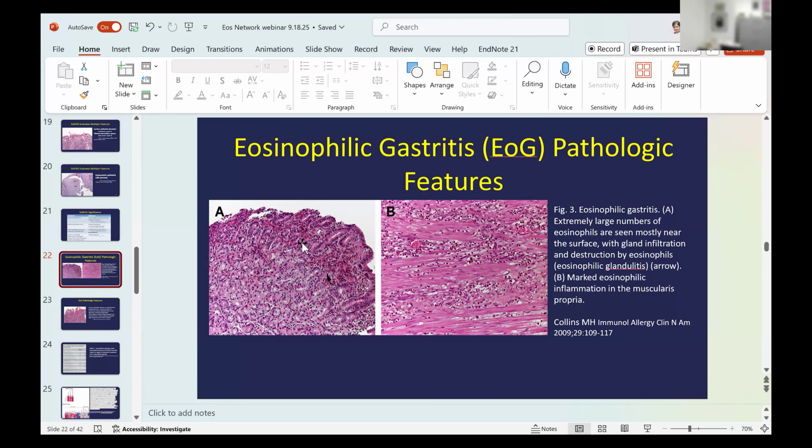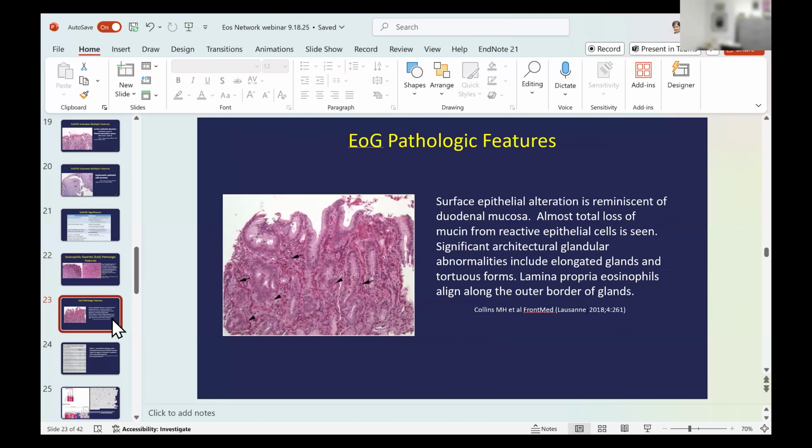And in this particular case we also had the deeper part of the wall, the muscularis propria, to look at, and that too was heavily infiltrated by eosinophils. So in EGID, eosinophils can be heavily infiltrating any part of the GI wall.